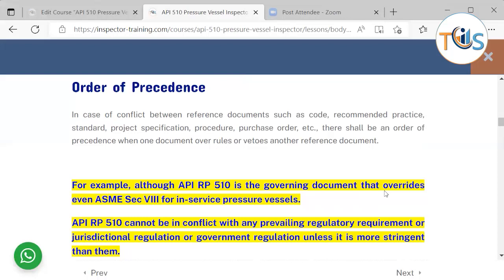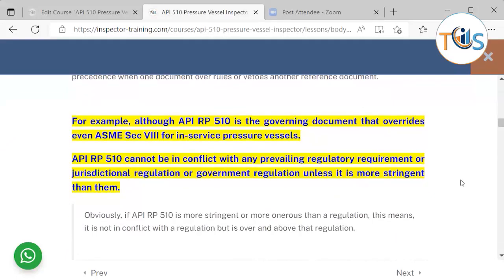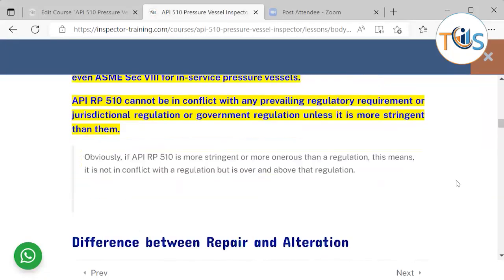So if there is any contradiction whatsoever, then API 510 takes precedence. Normally, the codes always take precedence over recommended practices. So if there is, for example, a contradiction between 510 and 572, obviously 510 is a mandatory code, so it takes precedence. That is called order of precedence. If there is any contradiction, you should always follow the one which has higher authority, in this case codes.